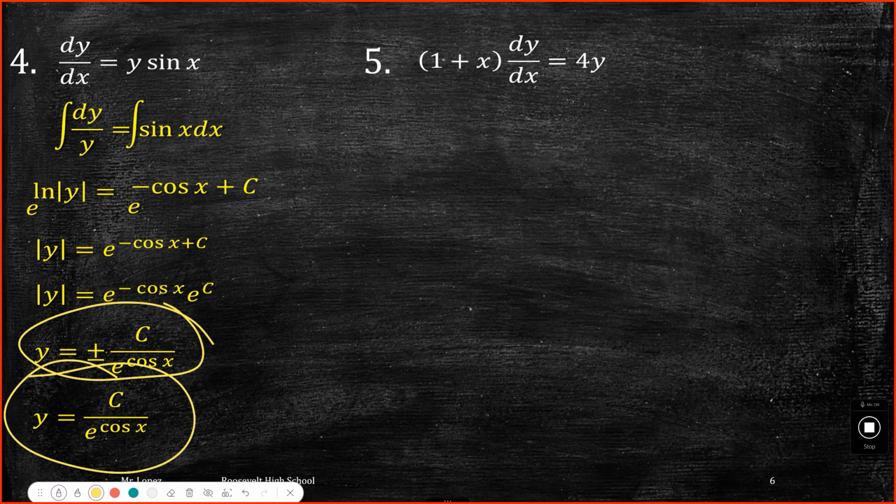Let's go to number 4. You know why? Because this constant could be positive or negative. Whatever that constant is, if it's negative, then it will change the whole thing to be negative. If it's positive, it will just keep it positive. It depends on the constant.